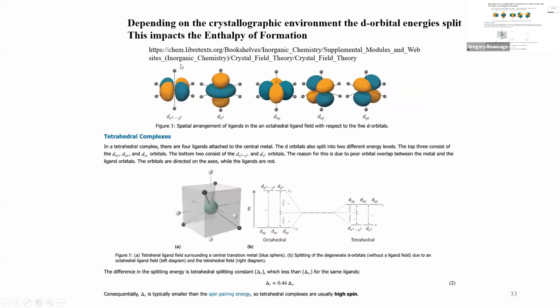And then this is the tetrahedral. The del T is smaller than the del O, and there's a fixed relationship between the two. So if you measure the transition from octahedral to tetrahedral spectroscopically, you'll get this 0.44 from that. Basically you'll get the difference between del T and del O if you get a transition between those two.